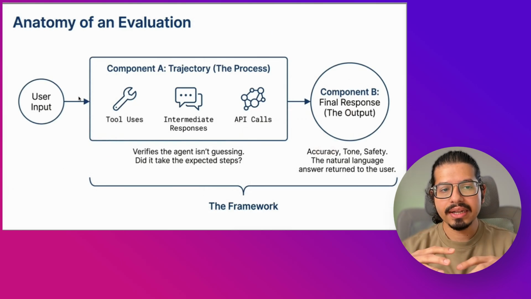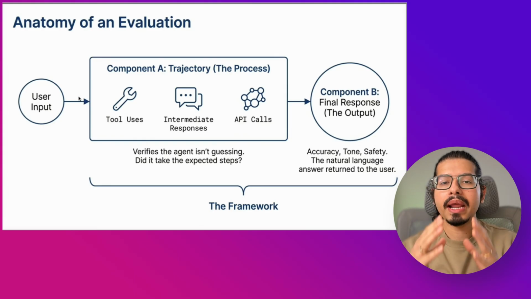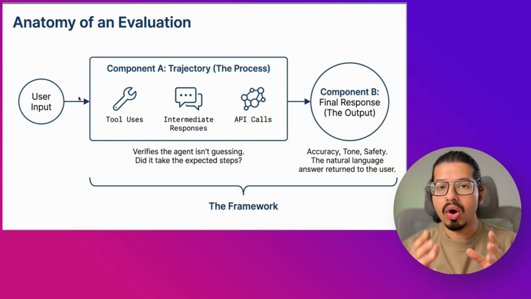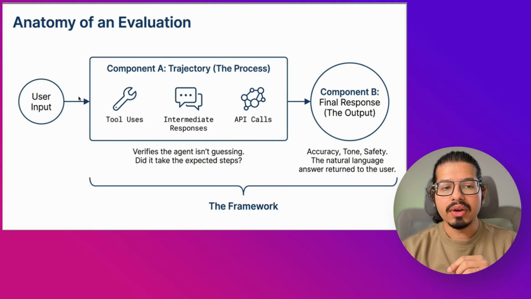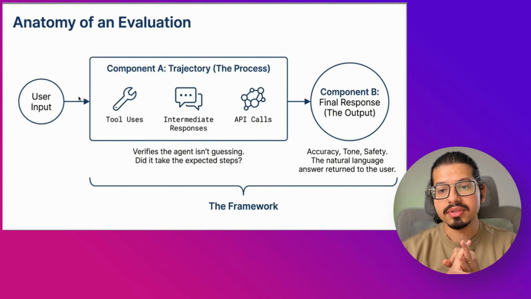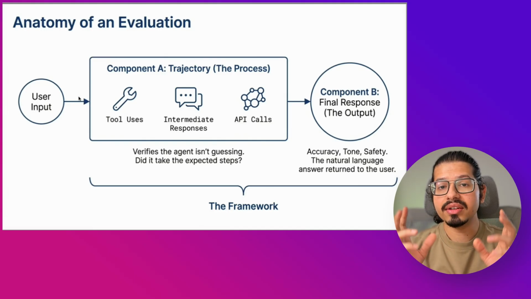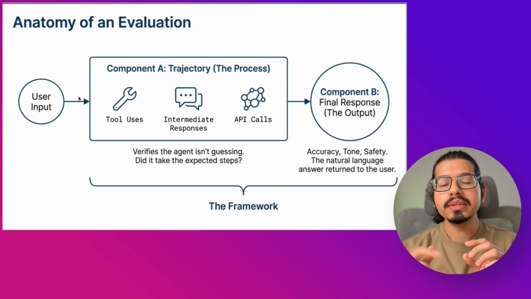Now let's break down what evaluation actually measures. There are primarily two components. The first component is the trajectory, or the set of steps that the agent takes to reach the final response. Now, this could be tool calls, intermediate responses, API calls, and so on. And the second is the actual final response, which is the output of the agent, which is what the user ultimately sees.